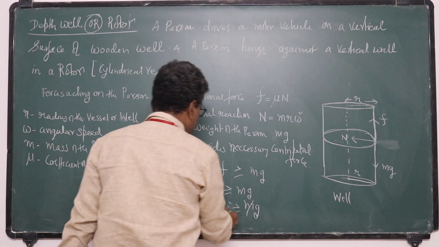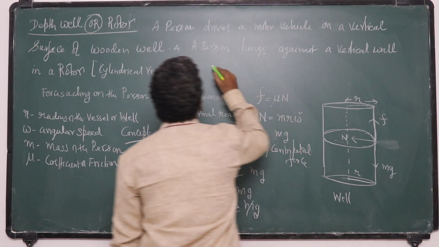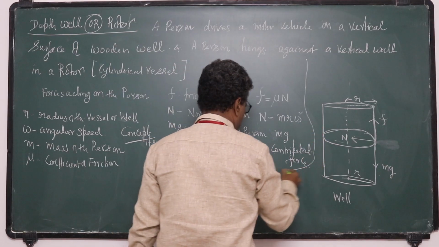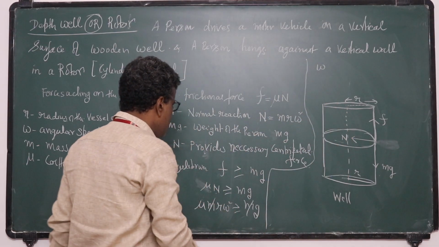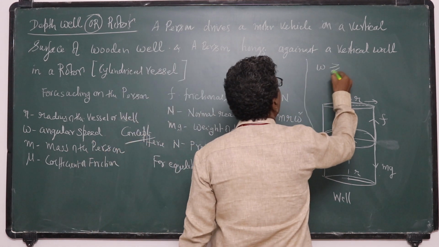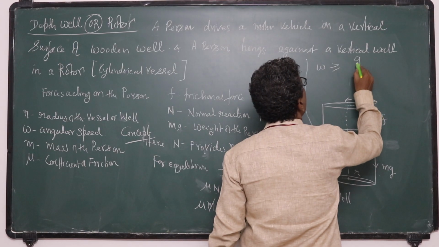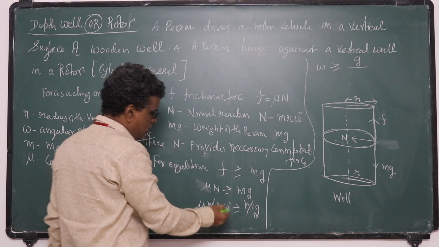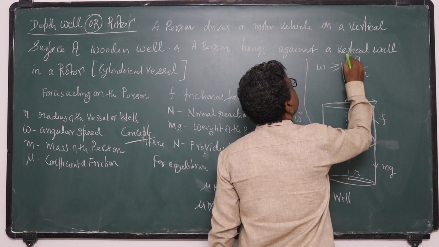So the speed of the vehicle, omega, I will write here. Omega square should be greater than or equal to g by mu r, under root.